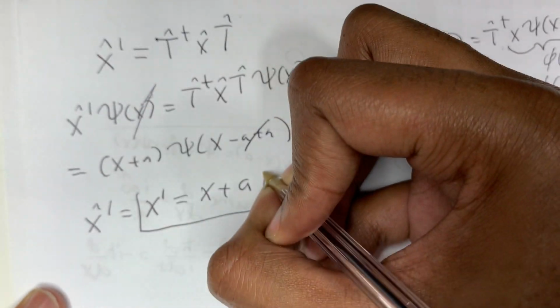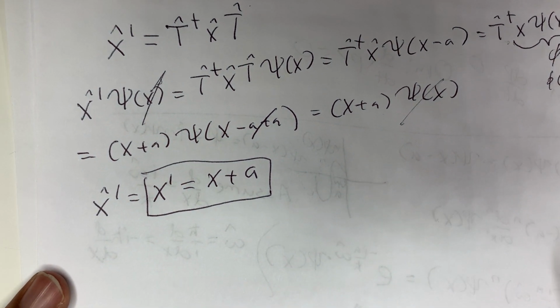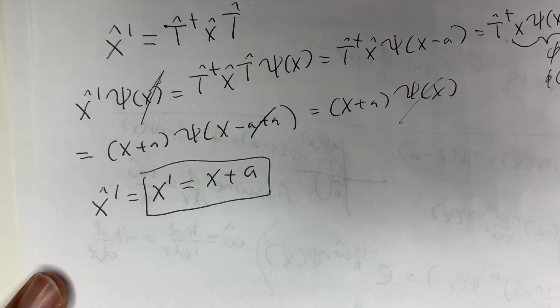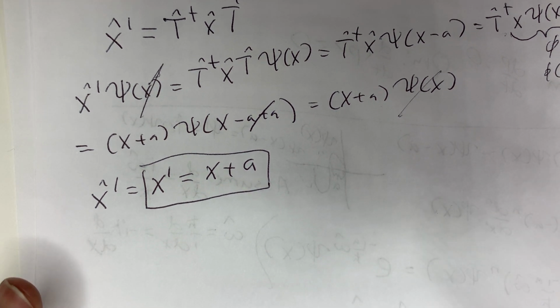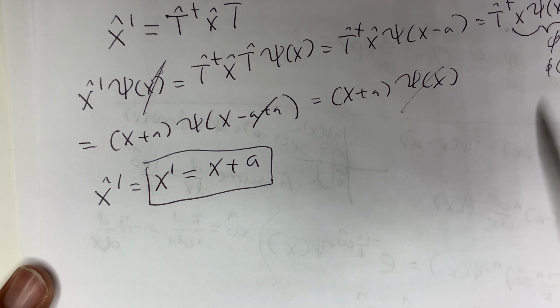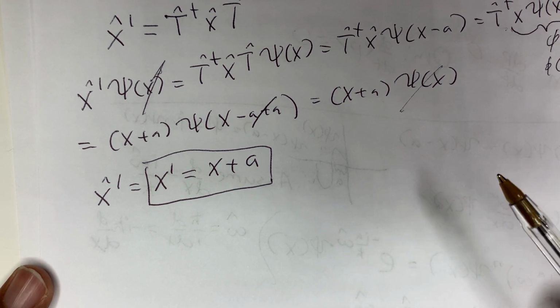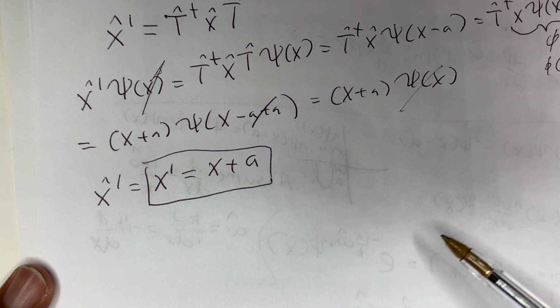And this is a really beautiful result, because we have just found out that how we define the translation operator on x hat captures our notion of what it means to translate an operator.